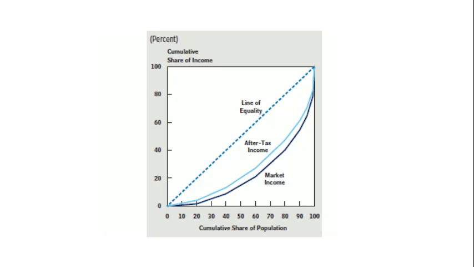The line which is in black is the market income. That's what you get before you pay your taxes, the market income from wages and salaries, interest, and dividends. And since you pay tax on those, and since the tax is higher the more you earn in a progressive tax system, as we have in the United States, it tends to reduce the inequality. And that's the extent to which it reduces it in this particular example.